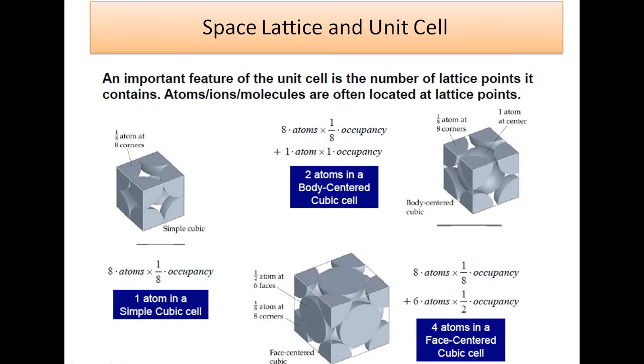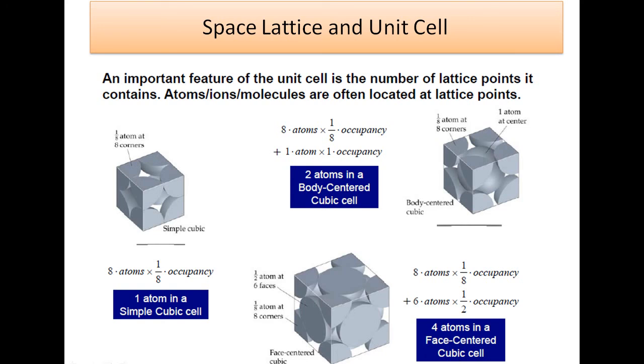Now what about the face centered cubic cell? In this case we have 8 atoms at the corners. So the contribution of the corner atoms is 8 into 1 by 8, as we have already discussed in these two cases. In addition to this we have 6 particles at the 6 face centers, and each particle at a face is shared by 2 unit cells.